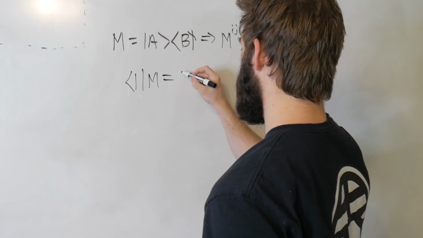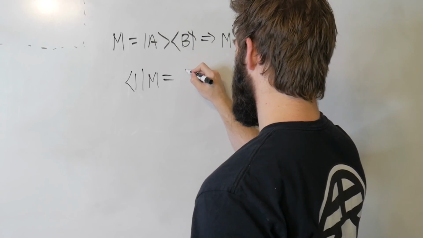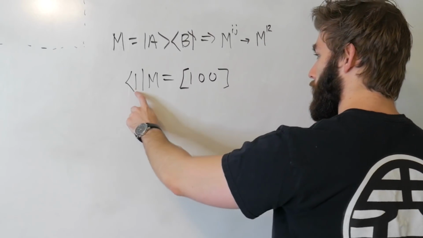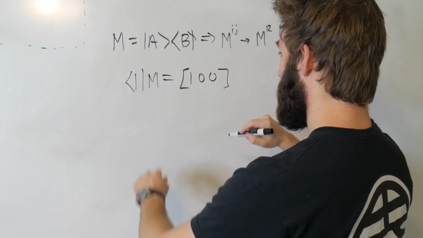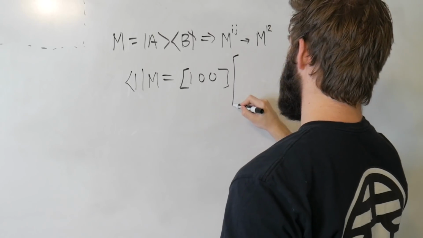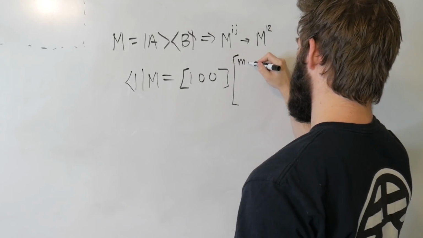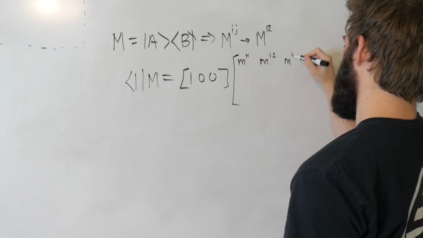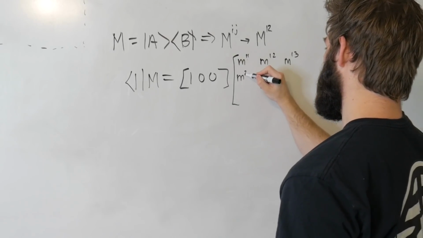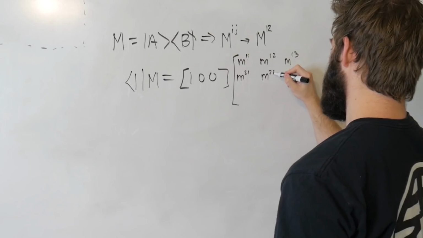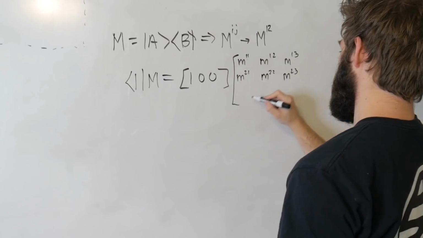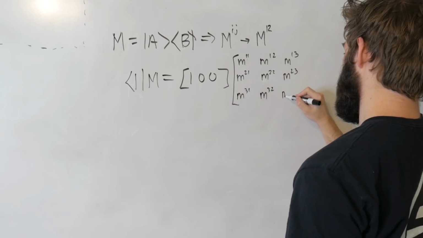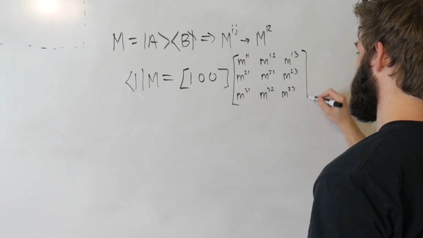So this is equal to the row vector 1, 0, 0, because that's just the x hat basis vector, times M. And M is a square matrix, so that's just going to be some elements M11, M12, M13, M21, M22, okay.